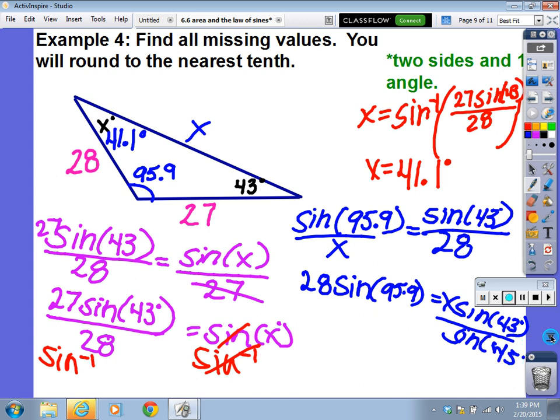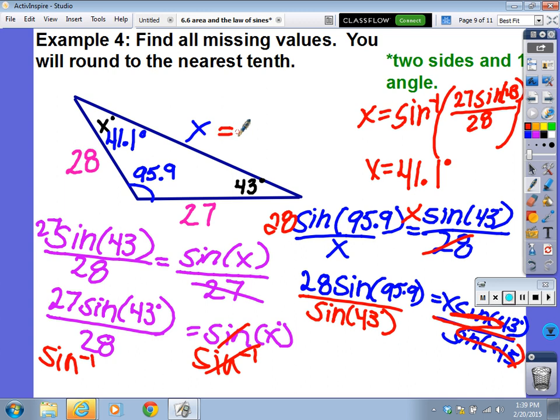I multiplied both sides by 28 and by x, and now since I have x sine of 43, I'm dividing both sides by sine of 43. Now we have x alone, which is all we're looking for.